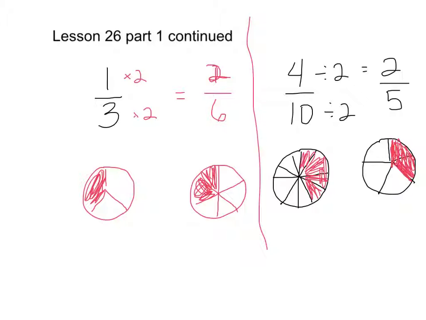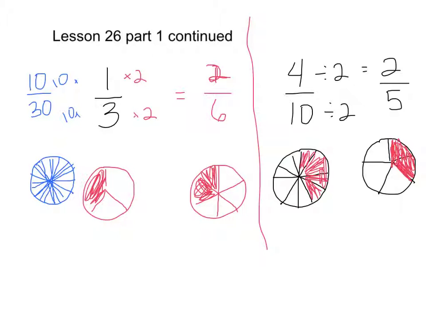So on here I used 2 as an example, but I could have multiplied it by, let's say, 10. So what if I had done it, I'm going to go the opposite way, but same thing. Let's say 10. As long as you do the same to the top as you did to the bottom, that would be 10 and that would be 30, you're still going to have the same amount. 2, 4, 6, 8, 10, 12, 14, 16, 18, 20, 22, 24, 26, 28, 30.